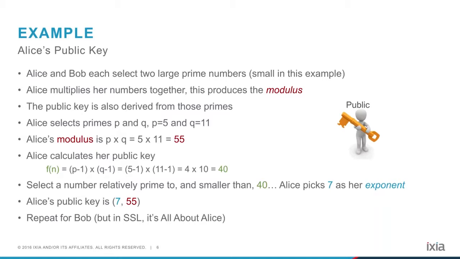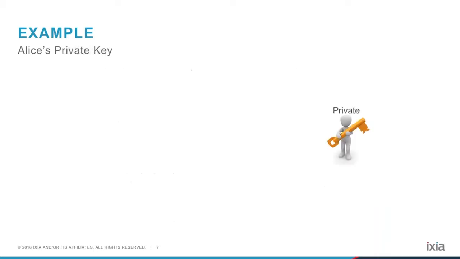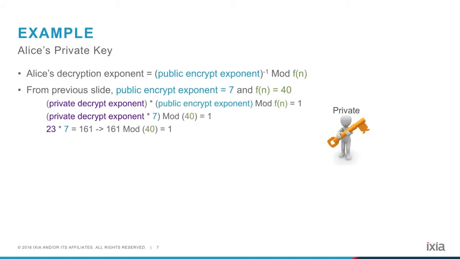Okay, so to get her decryption exponent, I take 1 over the public encryption exponent, and then you take the modulus of her public key. So if you copy the information from the previous slide, where her public encryption exponent is 7, I just multiply both sides of the equation by the public encryption exponent, and get the private exponent times the public exponent, mod 40, is equal to 1.